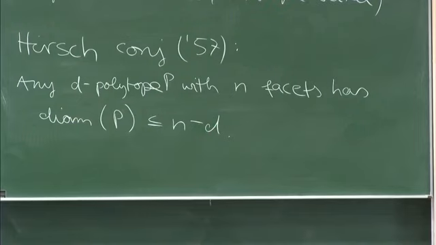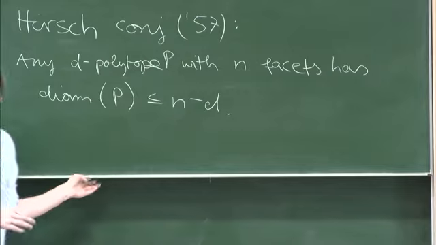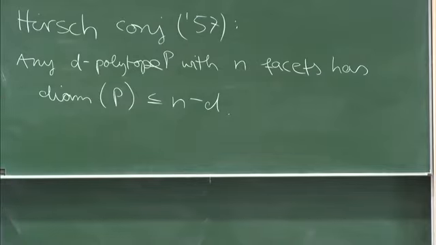Of course, if you know that the diameter of a polytope is small, in general this does not give you a fast algorithm because you still have to find at every vertex the best possible way how to continue.